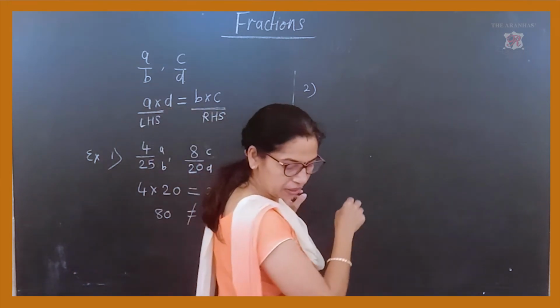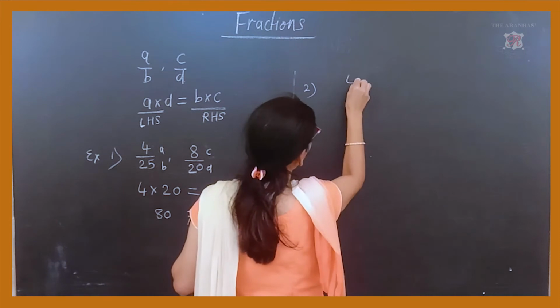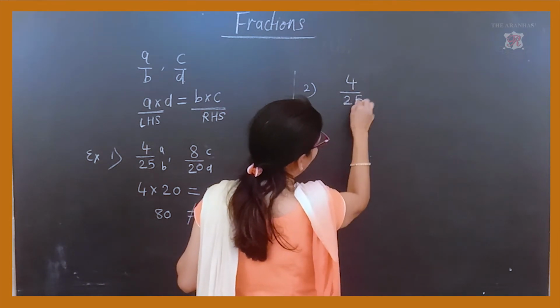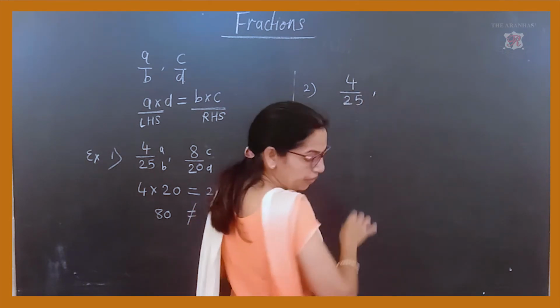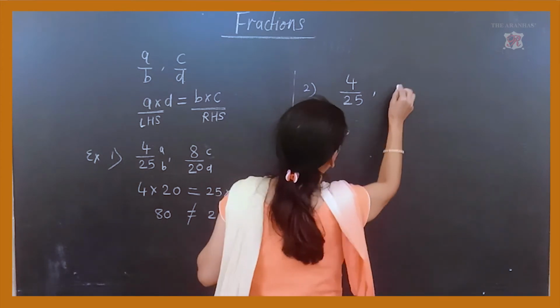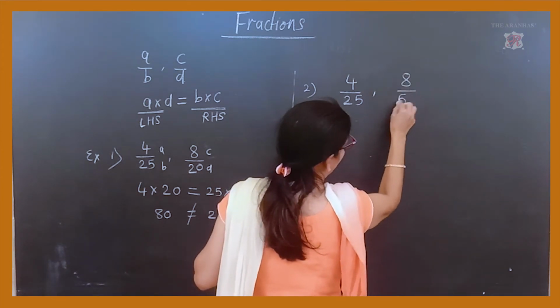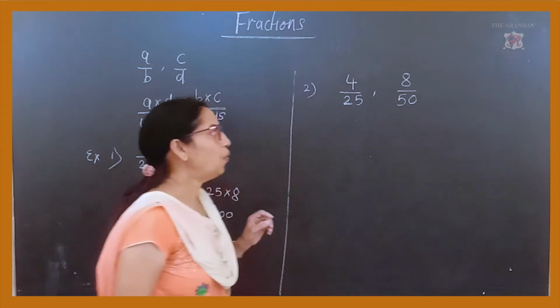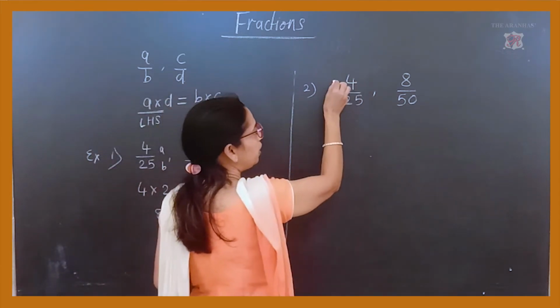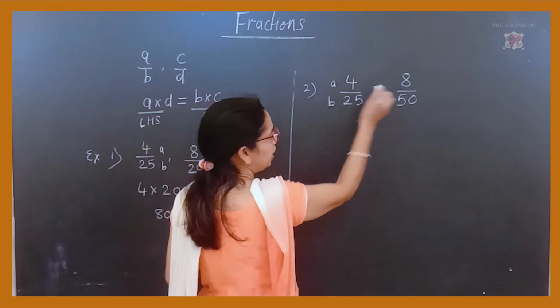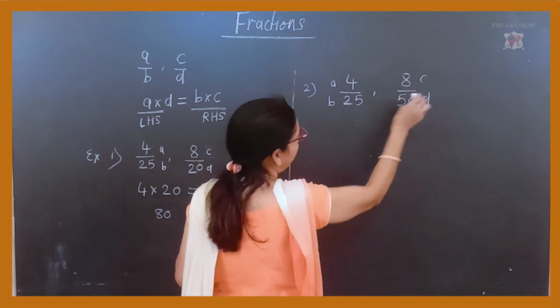Now we have another example, that is 4 upon 25 and the other fraction 8 upon 50. Again, this 4 will be a, this will be b, here c and here d.